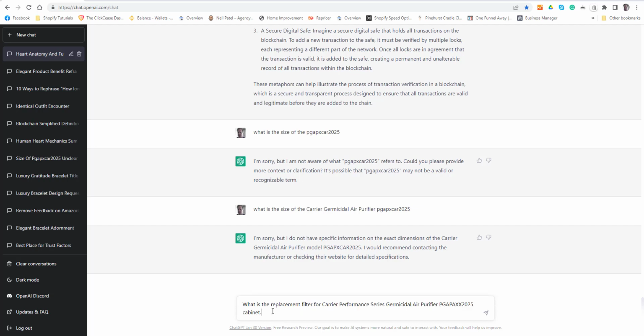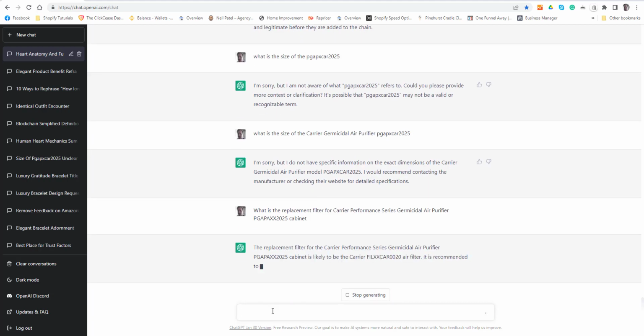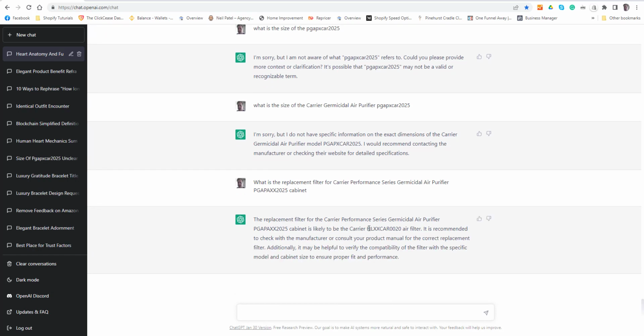This carrier, it's an air cabinet, and this is the cabinet that contains the filter, so we're going to ask what the replacement filter is for that. And now it is giving us the incorrect answer. So it's giving us a filter that is not going to be compatible for that. So sometimes, and you wouldn't know that unless you had that specific knowledge.